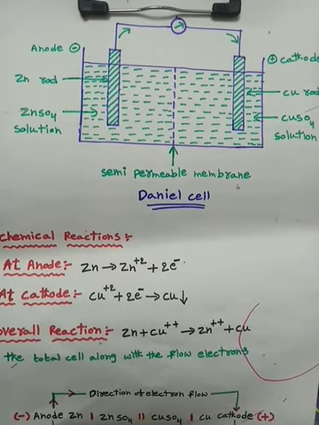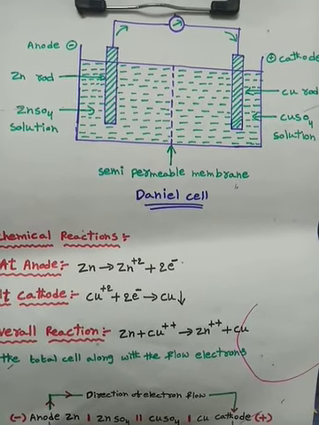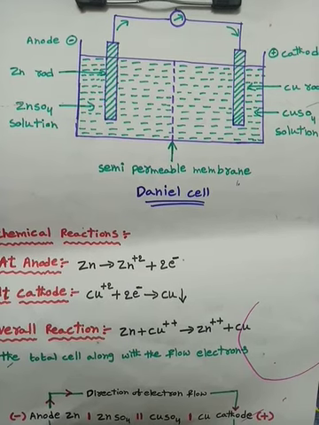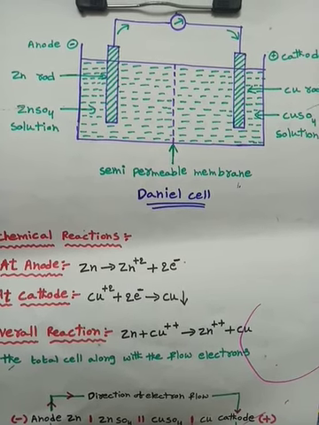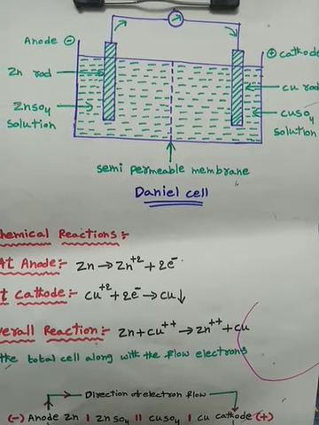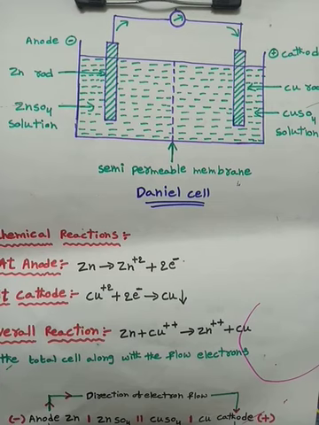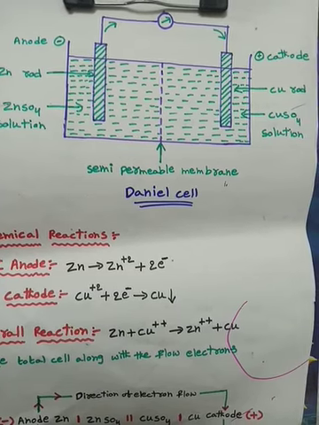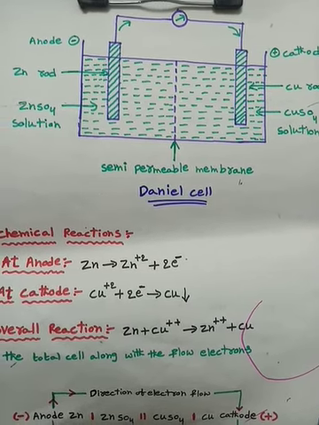Okay, hi students. In the previous classes, we learnt about electrochemistry. You know that electrochemistry is the interconversion of electrical energy into chemical energy and chemical energy into electrical energy.